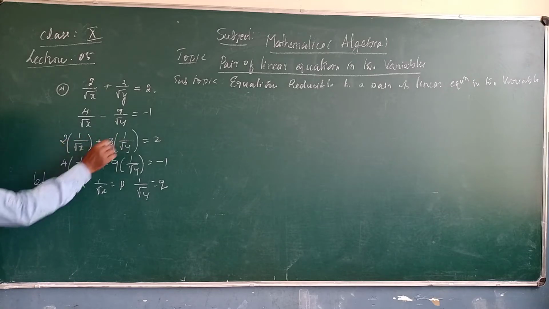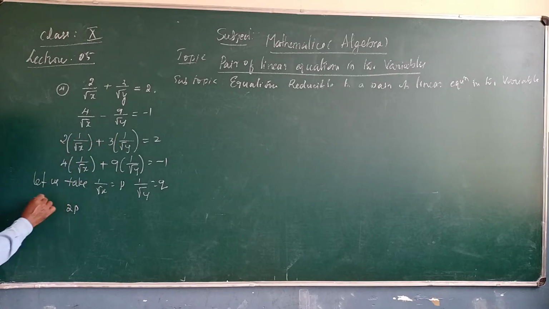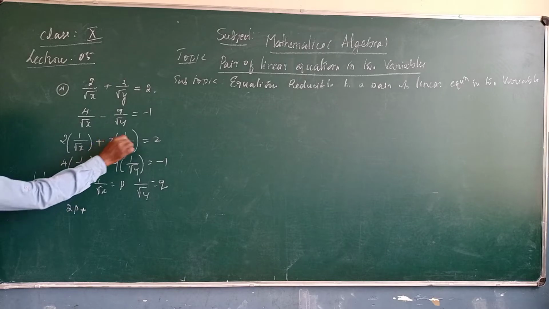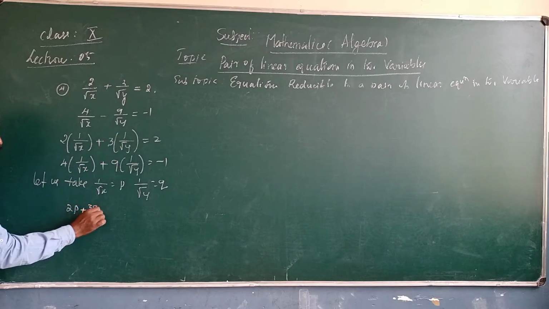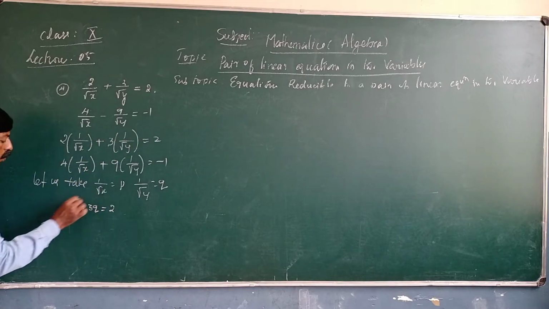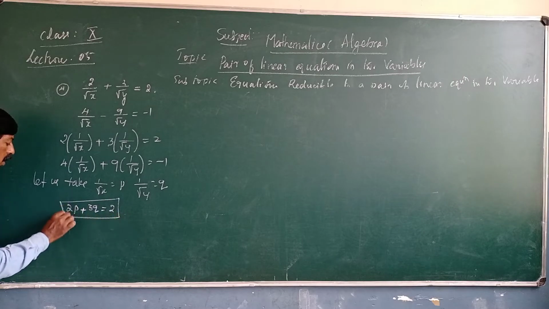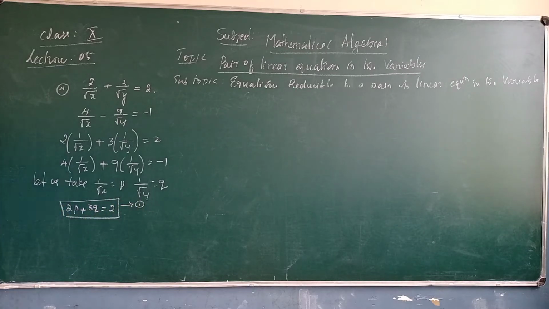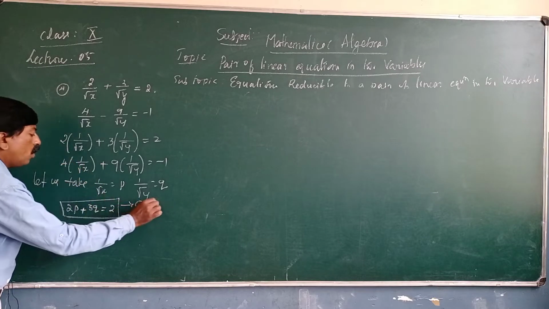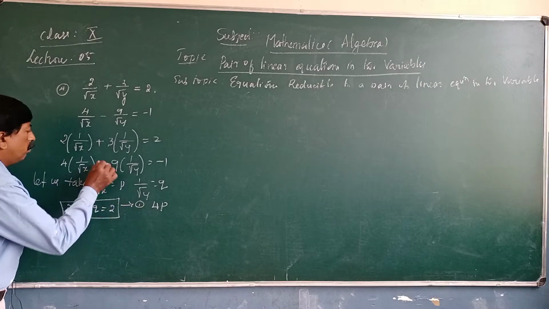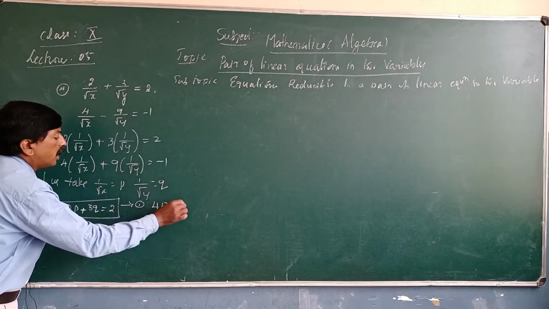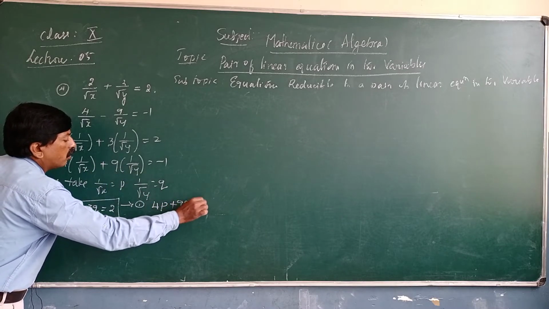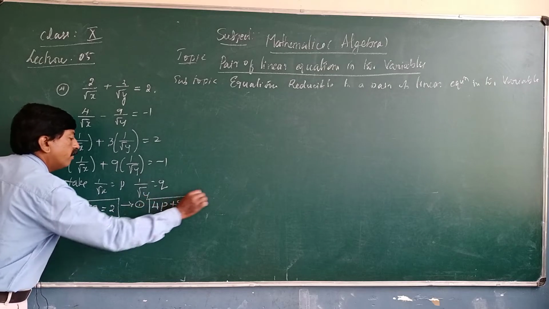Now the equations will become 2 times p plus 3 times q is equal to 2. We got one equation. Call it equation 1. And another one, 4 times p plus 9 times q is equal to minus 1.